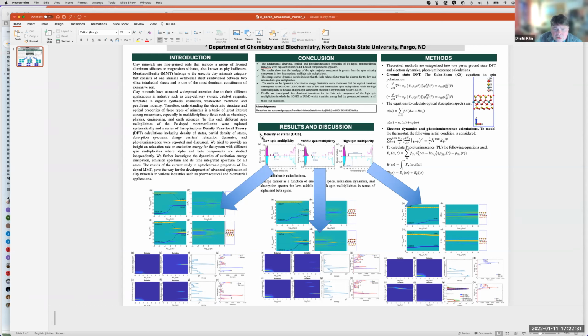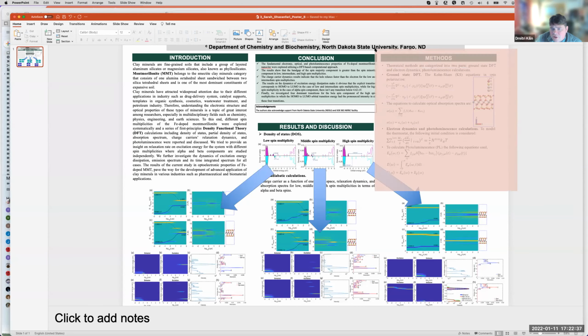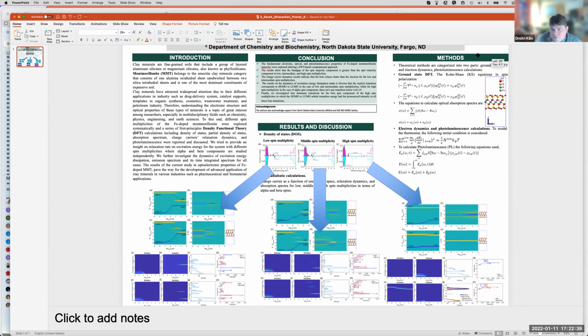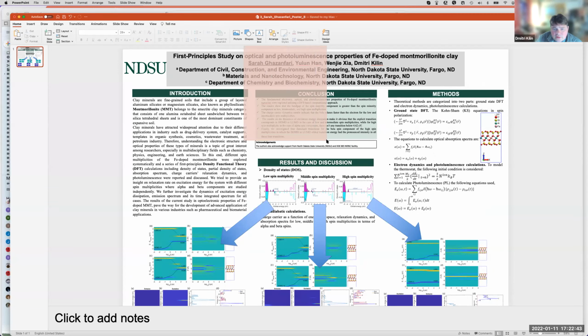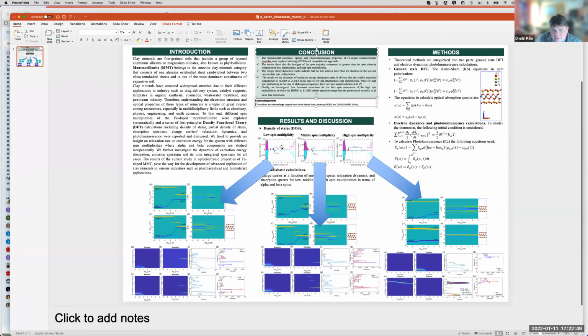So what I tried to move: the equations are moved to here. The conclusions are moved to here, and they can be swapped. And then there are three configurations, like low, middle, and high, and they are spatially arranged.